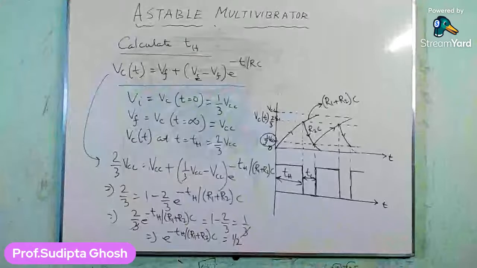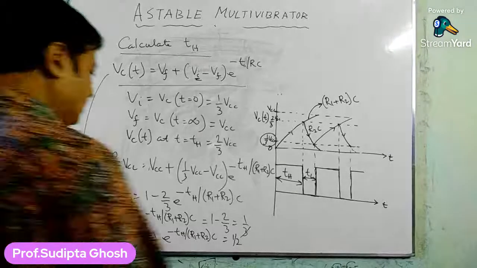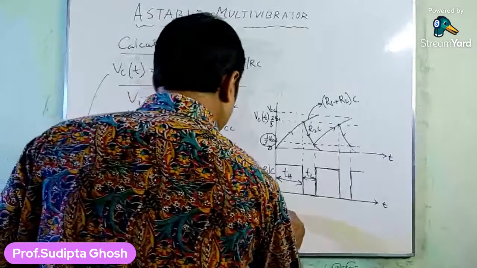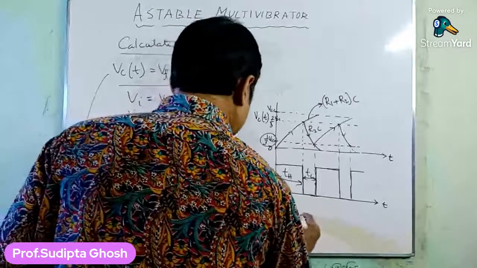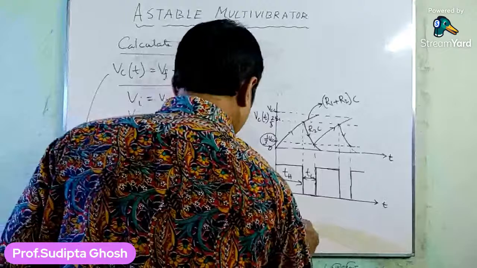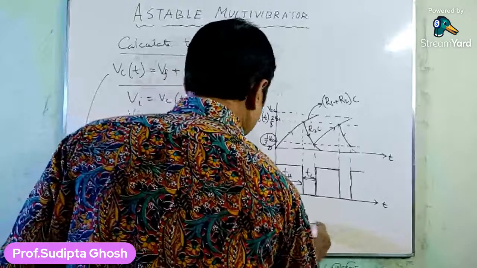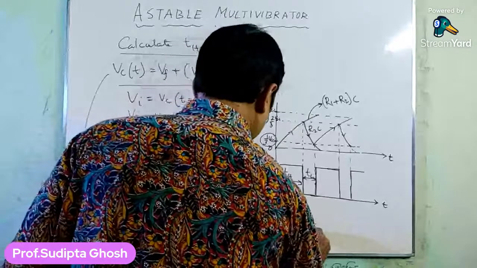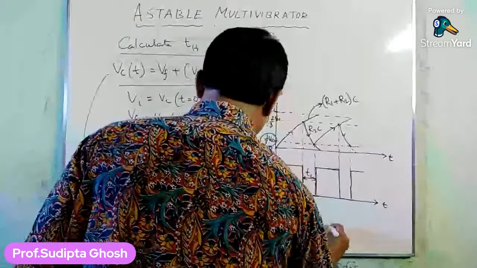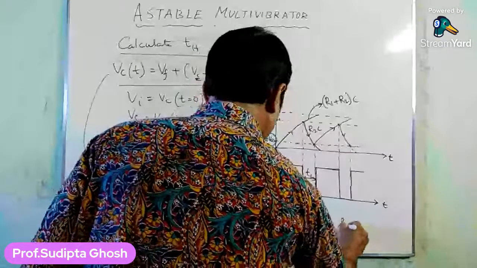Now taking the natural log on both sides, we get minus th by R1 plus R2 into C equals ln half.